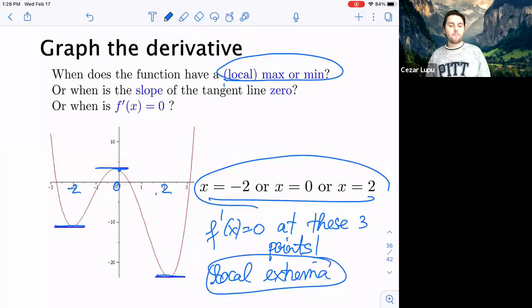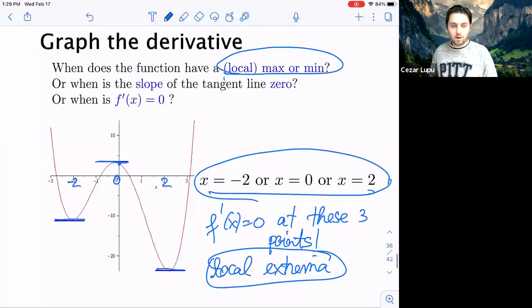There are 3 of them. We'll decide which one is a local min or local max, but we will see this in more detail when we discuss the first derivative test or the second derivative test, or both. So you'll see later on in the course. All right.